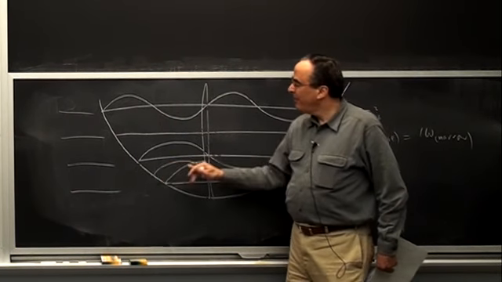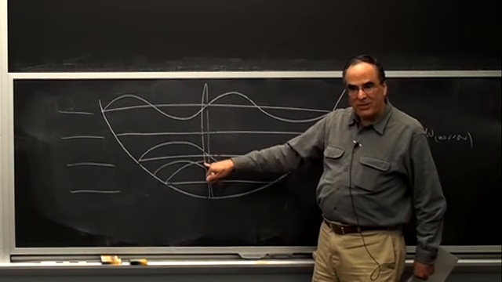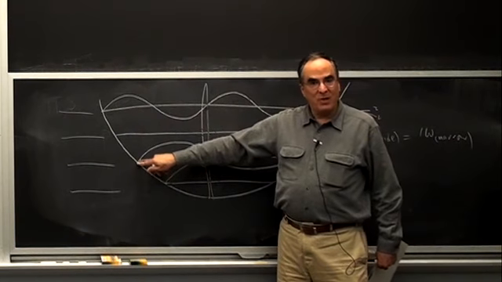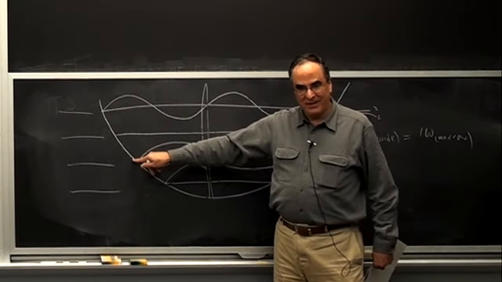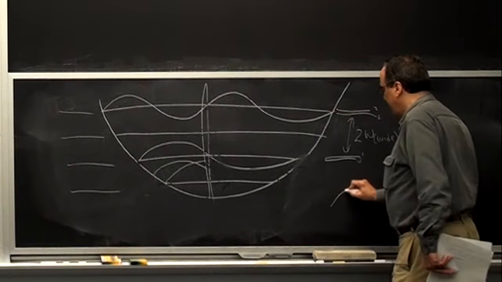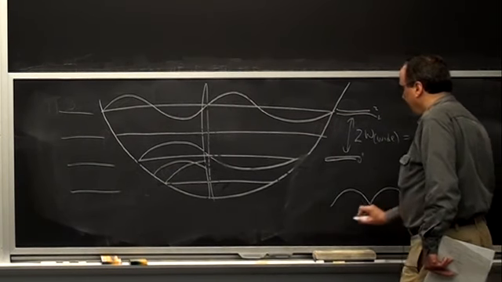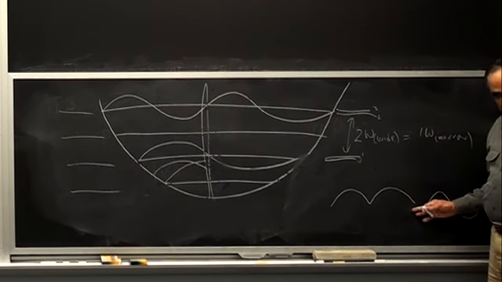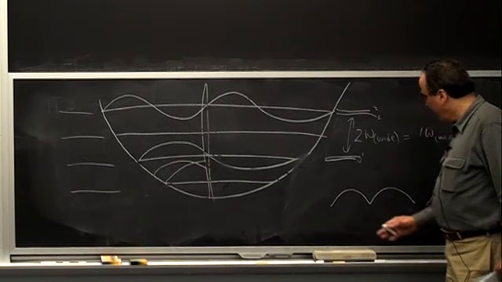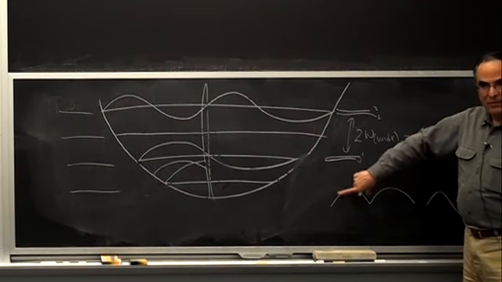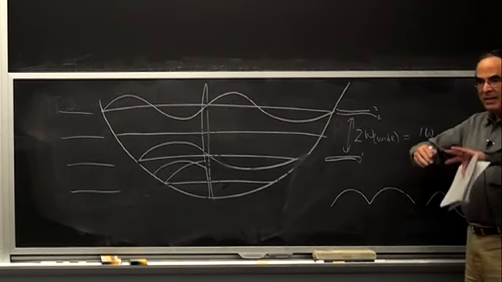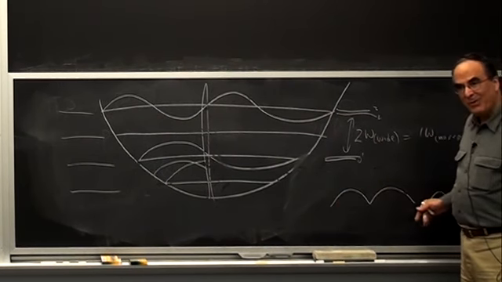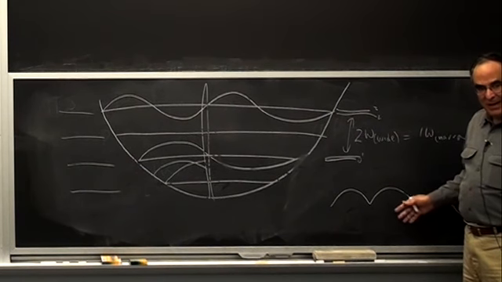And so if you can't use up much action in here, then you have to pretty much go up to the level of the next higher state. And this gives you this wonderful picture that this and this are exactly degenerate, and that we normally think of this as an oscillator on the left, an oscillator on the right, and we can take linear combinations of them, and so we can have a local mode on the left and a local mode on the right, but those aren't eigenstates.